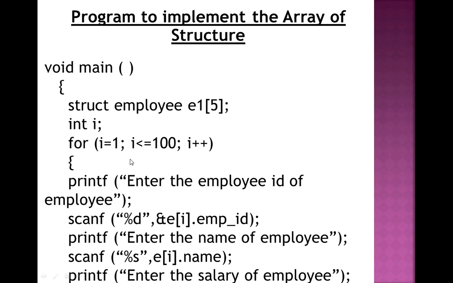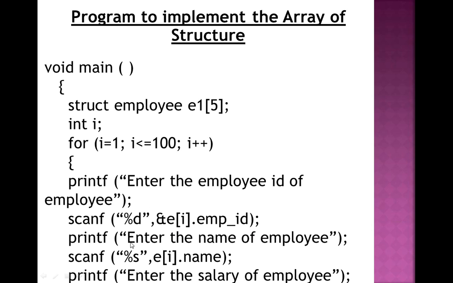First of all, it takes one location when i is 1, when i is 2 this is the second location, when i is 3 this is the third location, fourth location, and then fifth location, till the condition is true. This is from 1 to 100. So this takes the 100 values, and this can be accessed by using the dot operator. This is &E1[i].employeeID.